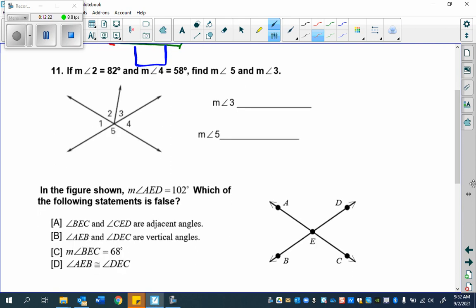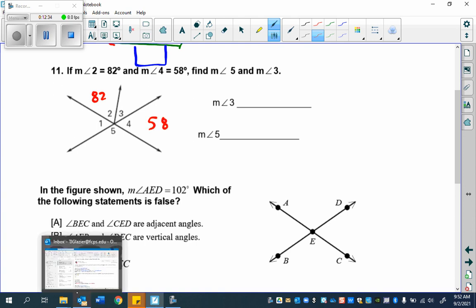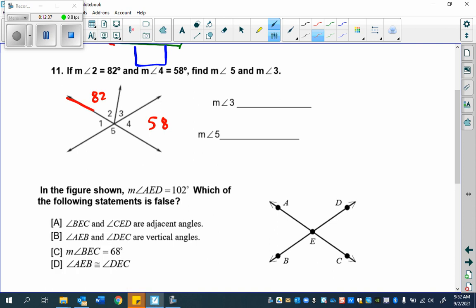All right, this next one, measure of angle 2 is 82 degrees, so we'll write that in there. Measure of angle 4 is 58 degrees. Because I know that they create a straight angle, I know that 82 plus 58 is going to be subtracted from 180 to get the measure of angle 3.